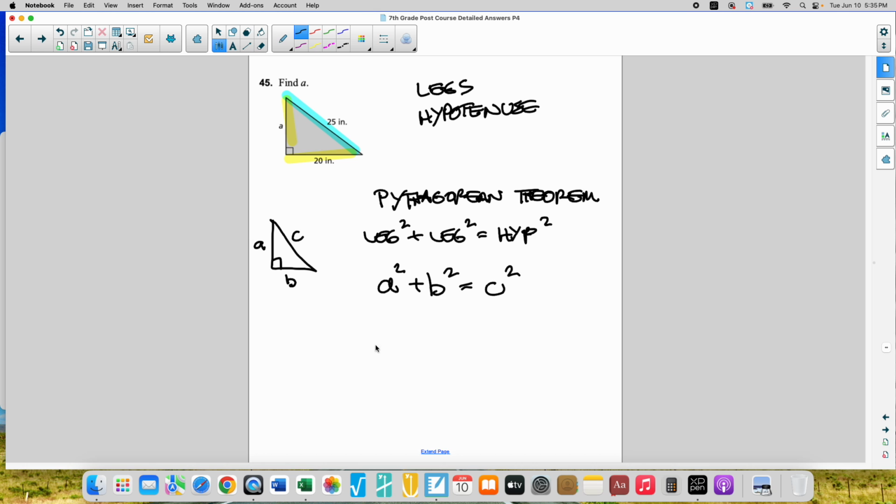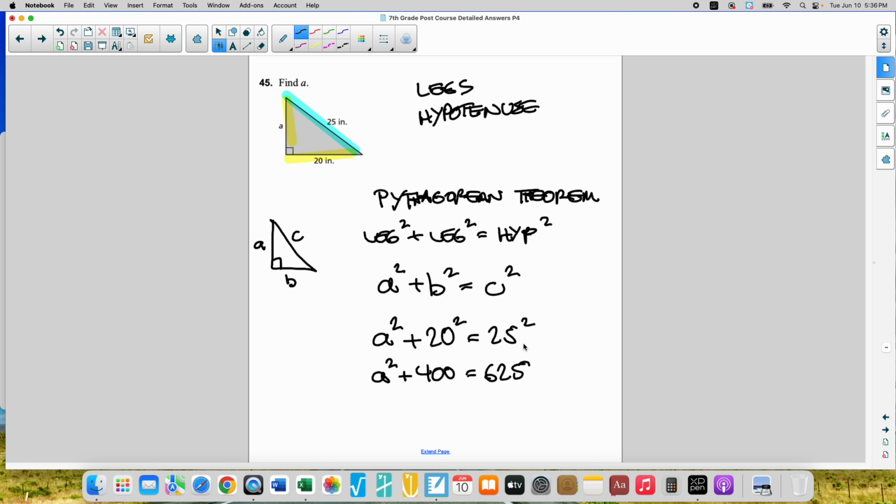So in this example, we have a as our unknown, b is going to be 20, and c is going to be 25. So a squared, we can simplify these. 20 squared is 400. 25 squared is 625.